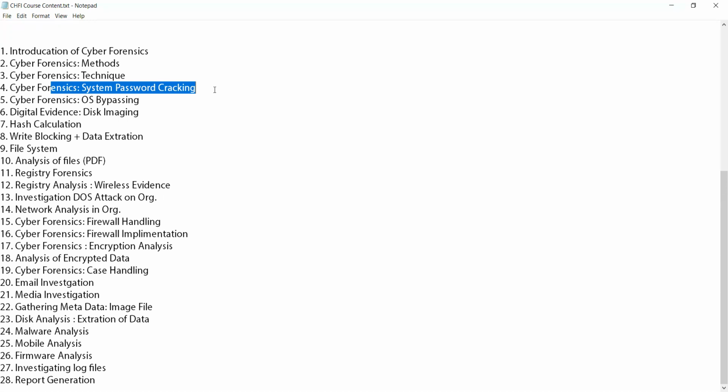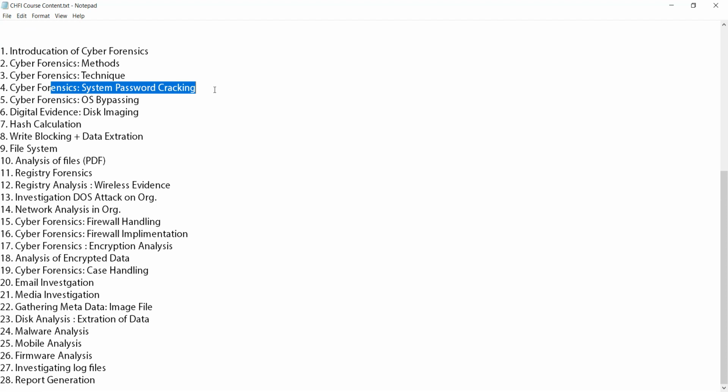Suppose you gather a computing device at the incident place, and once you open that device, you see there are multiple PDF files available in it. Sometimes it is possible that a PDF file has malware attached. So first you need to analyze that PDF file, and after that you will secure your system. This is the procedure covered in the analysis of PDF files.